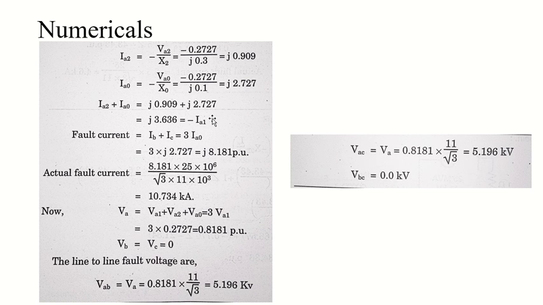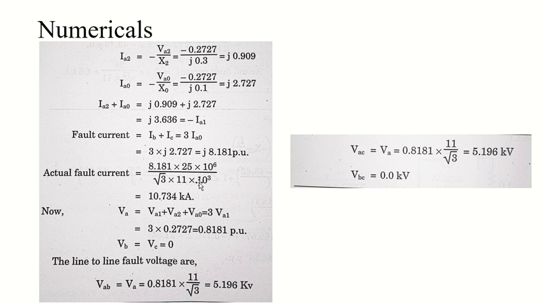So you know the formula for actual fault current as well, right? You will simply take the fault current and multiply it by your MVA, and divide it by root 3 into V. You know the value of fault current you just derived, you know the MVA value, it is given in the question itself, root 3 into the kV value, 11 into 10 raised to 3, which is also given in the question.